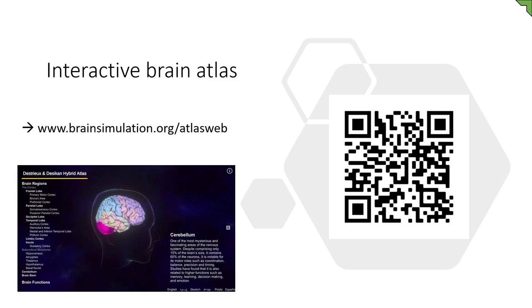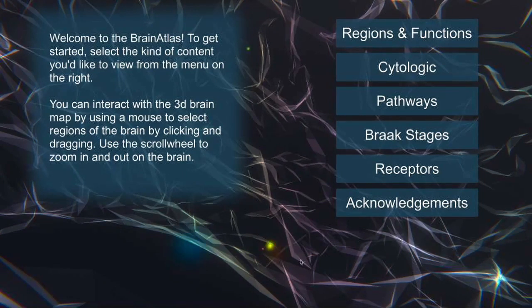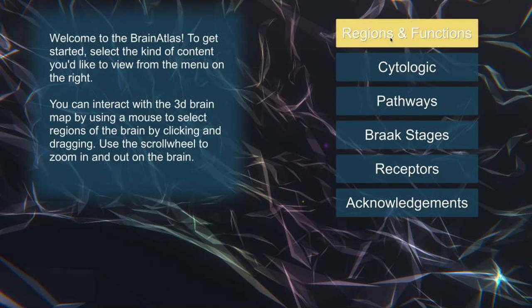There will come a version soon where you can also explore pathways and transmitters and other things, but there is already a public one where you can have a look at the lobes of the brain, and their function and so on are explained. And here we use it to show you a bit what will come now.